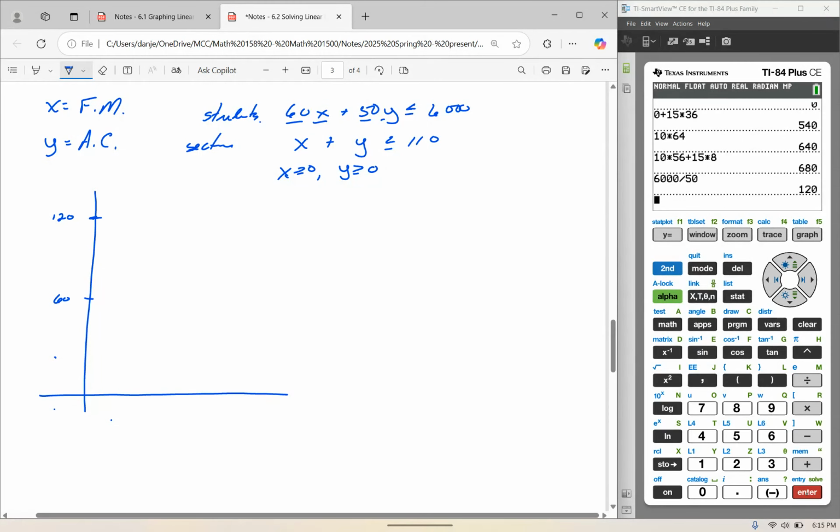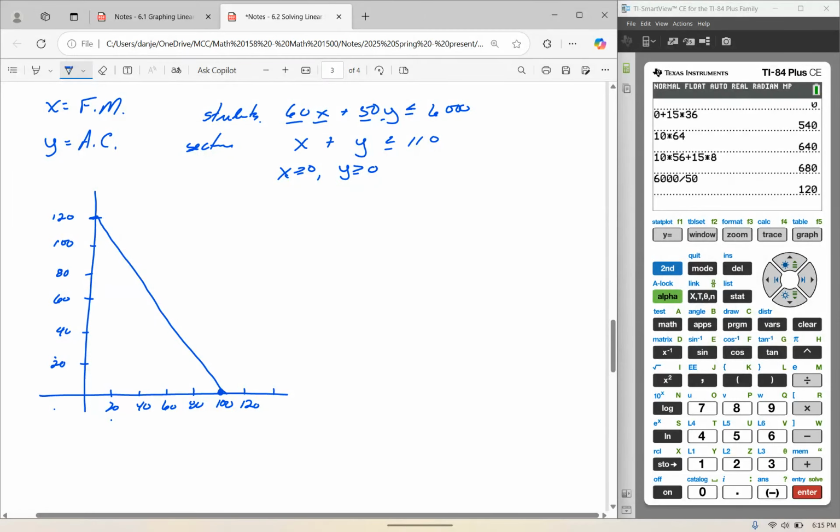So let's say that that's going to be 60. 20, 40, 60, 80, 100, 120. So let's do the same thing here. 20, 40, 60, 80, 100, 120. And so if Y is 0, X is going to be 100. And so this is my first line.